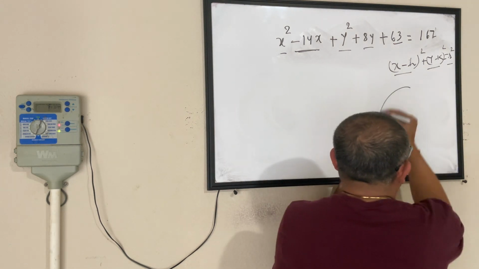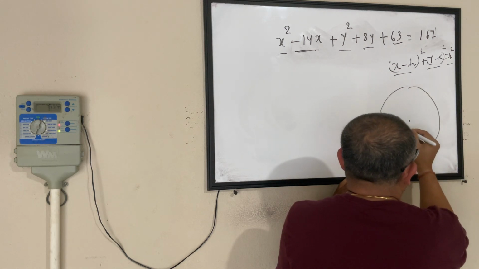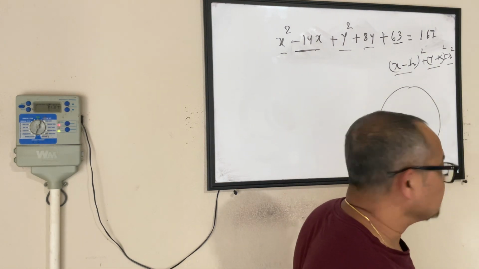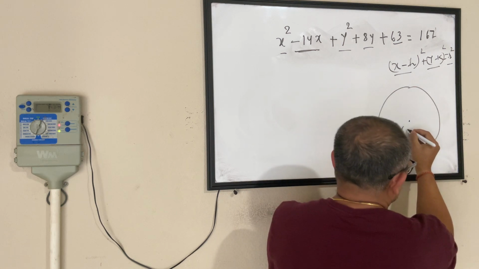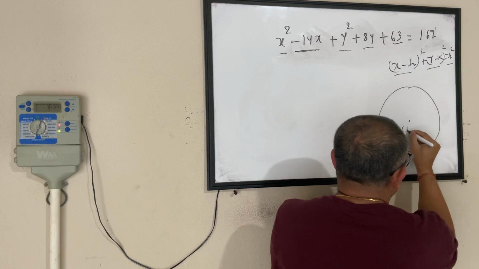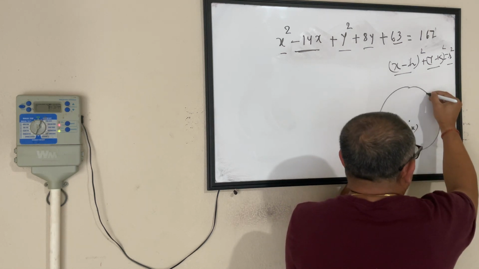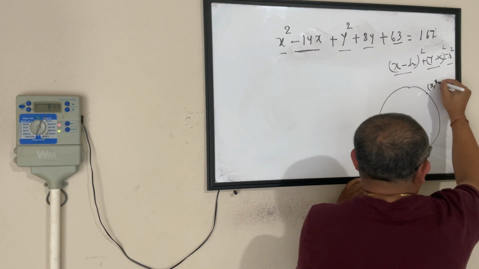So here, if you look at the circle, this is the center. This is what we have done in the class yesterday. You can probably just watch the video of yesterday's class, you'll be able to relate it better. But just to give a summary, this is the circle, center of the circle, whose coordinates are h and k. And we pick up any point on the perimeter, and let's say the coordinates are x and y.